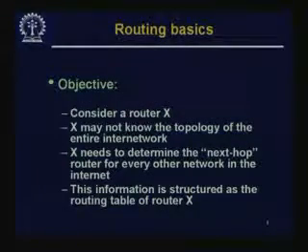So, objective: consider a router X. X may not know the topology of the entire internetwork. You see, these days everybody wants to be connected to the internet. So, we have a giant network of networks spanning the entire globe, and then a particular network may once again be divided into so many sub networks, and there are millions, even billions of machines connected to this network.